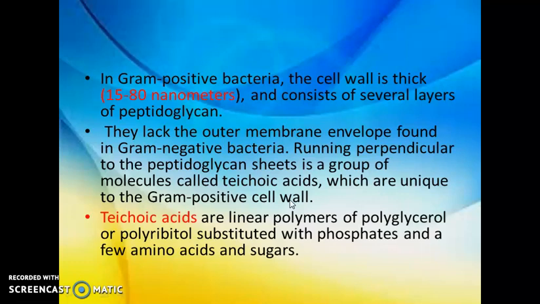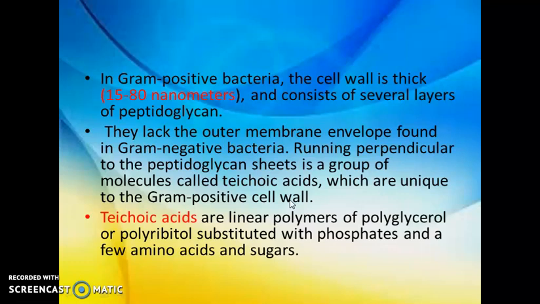Teichoic acids are linear polymers of polyglycerol or polyribitol, substituted with phosphates and a few amino acids and sugars.